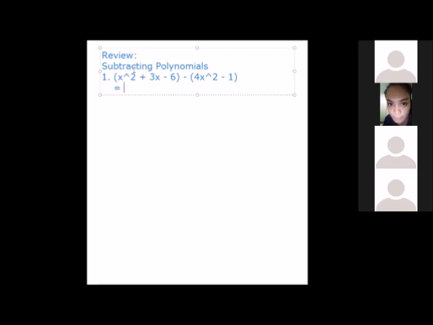Our subtraction, we have x squared plus 3x minus 6 minus the parenthesis, or the second polynomial, which is only 4x squared minus 1. Okay, ma'am. 4x squared minus 1. So the additive inverse is 4x squared plus 1, ma'am. Okay.